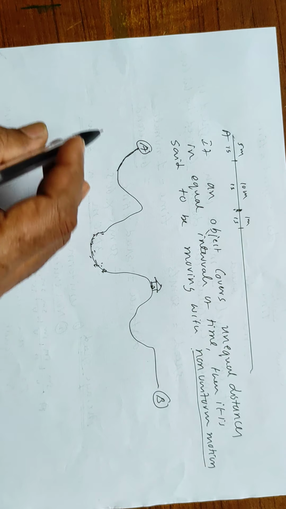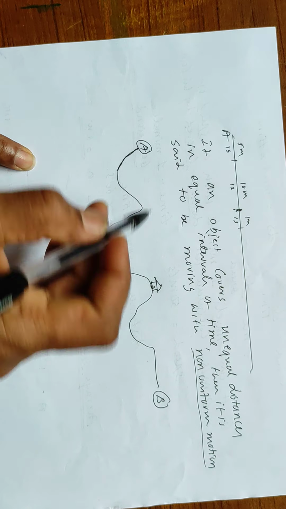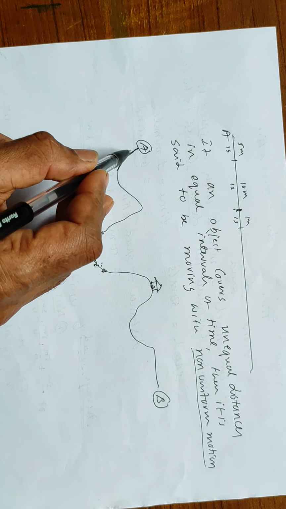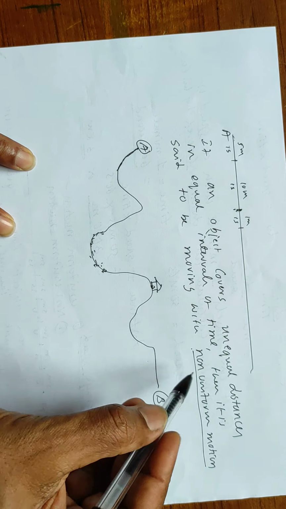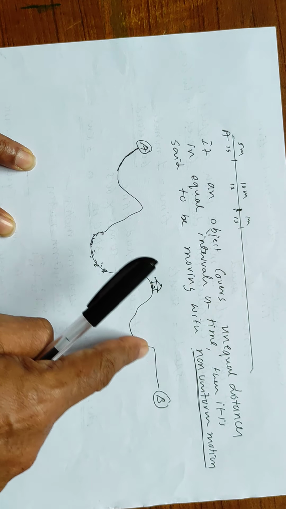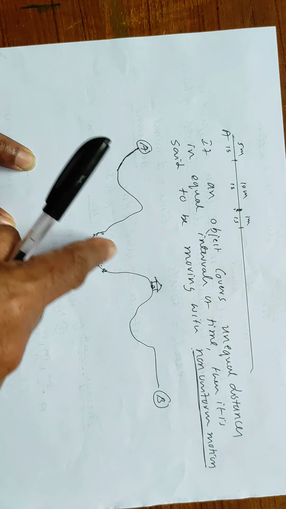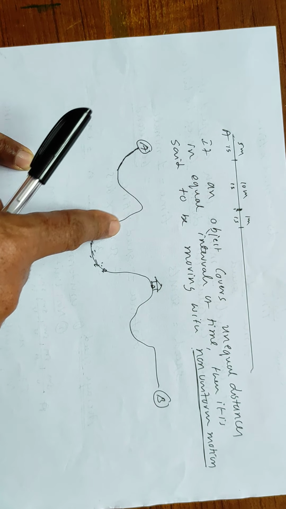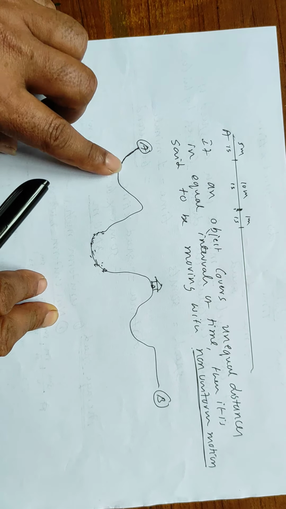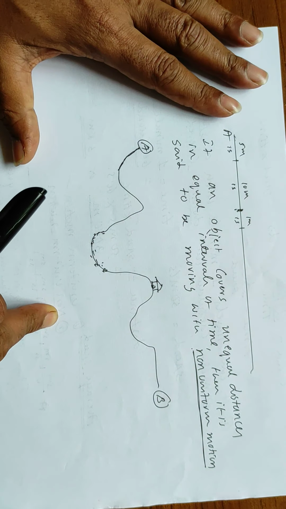So, is the bus moving with uniform motion throughout its journey? Not at all. Its motion is varying. So which speed do we have to consider?